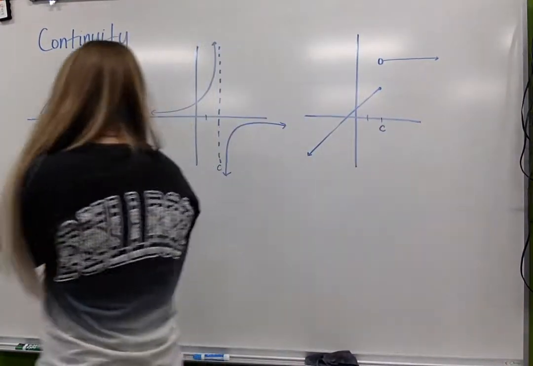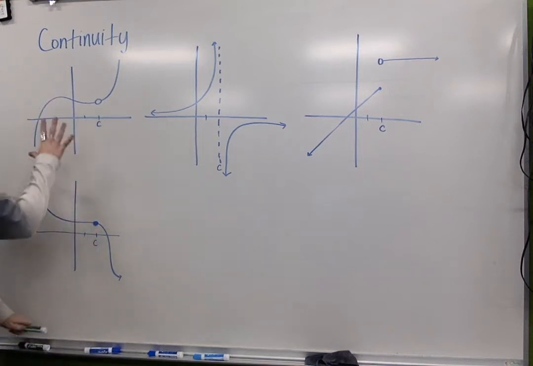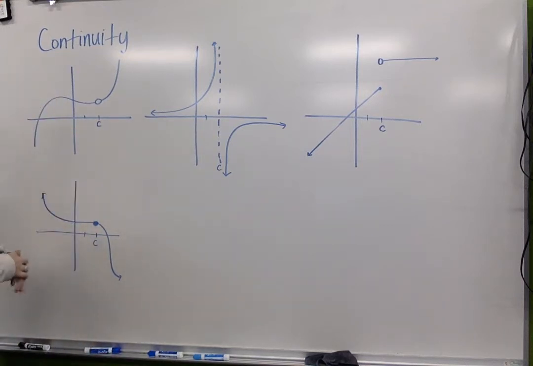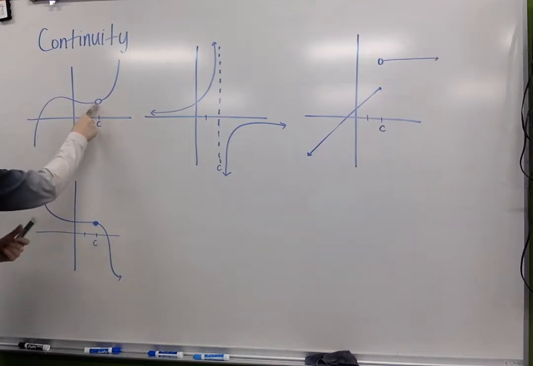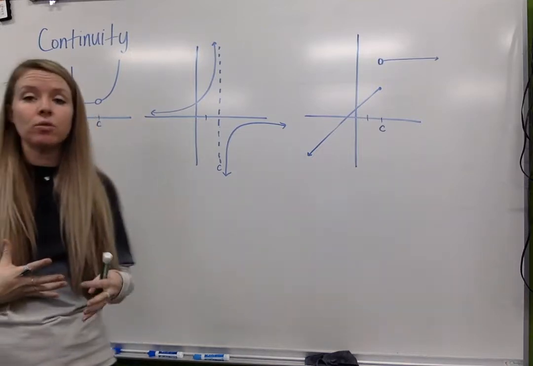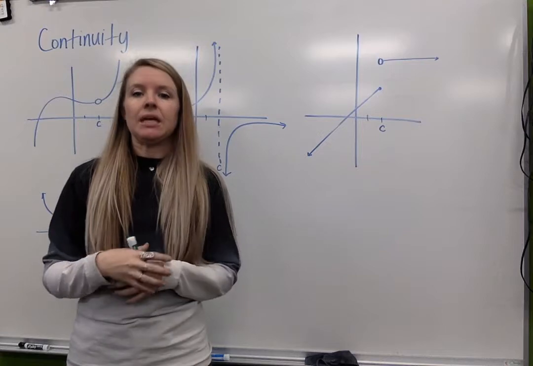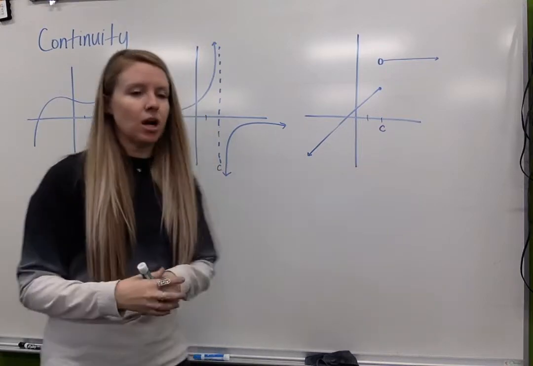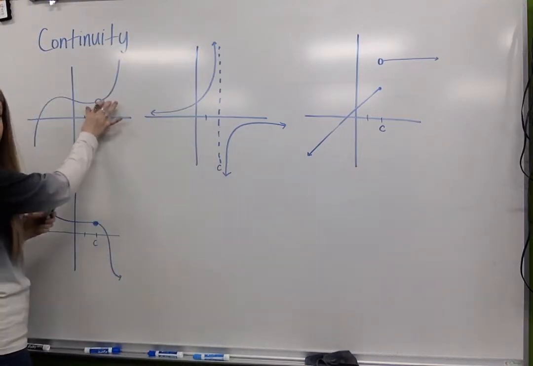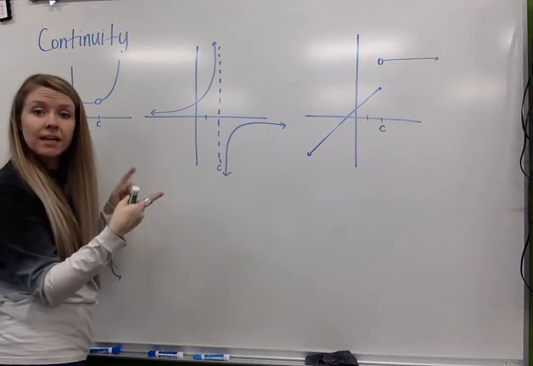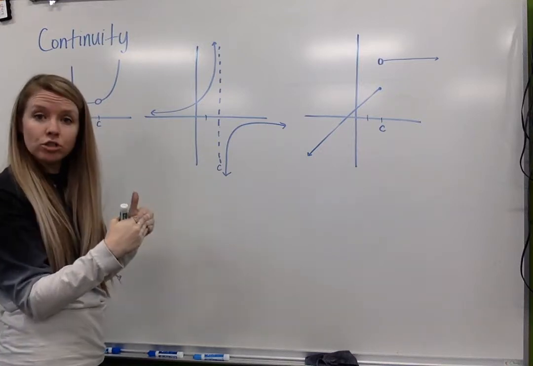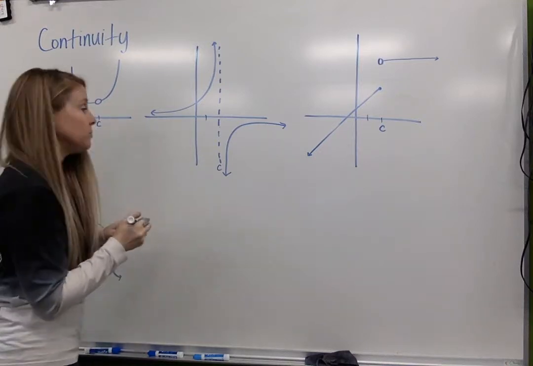This first example I have written up here, we can clearly see that there's a hole in the graph. So a way that we can show this with our limits is there's a couple different ways that we could talk about it. This limit exists. The left side and the right side limit approach the same value.